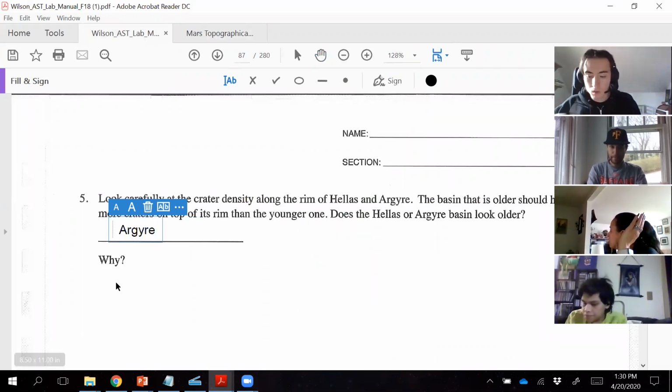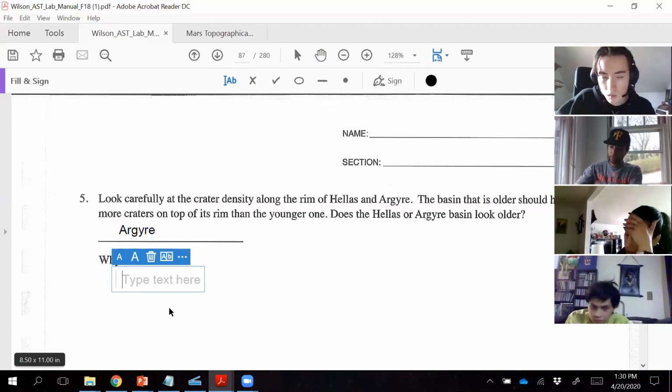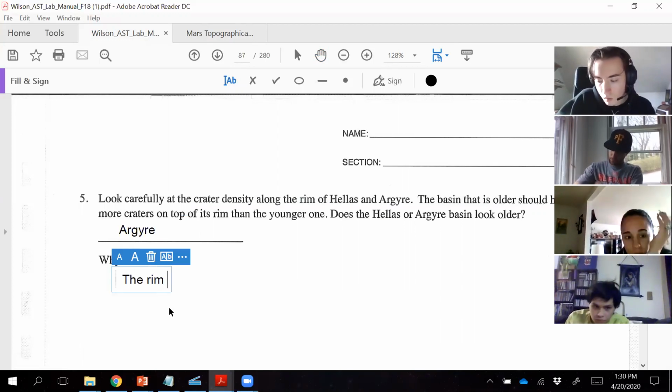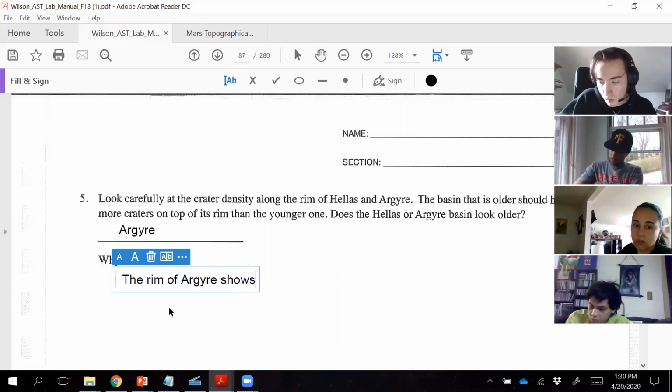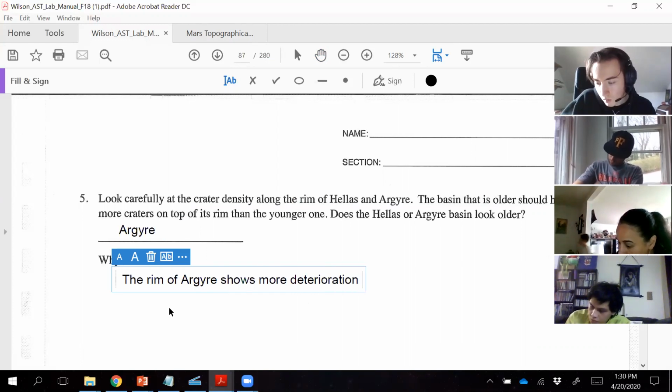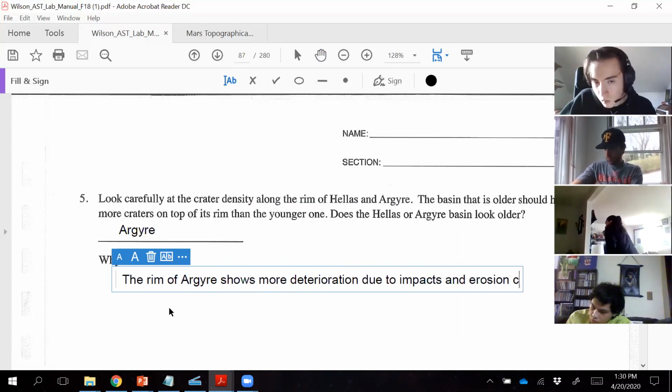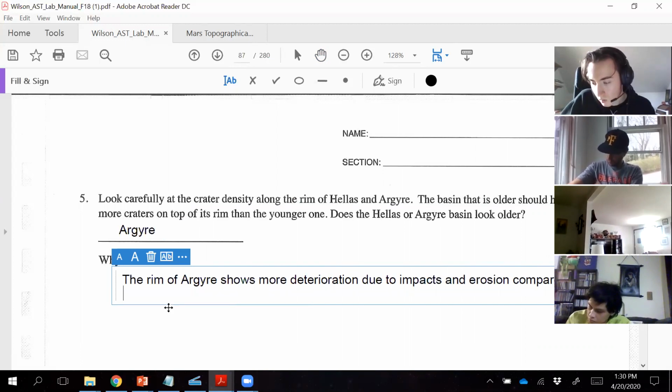For the why, we'll state the rim of Aguirre shows more deterioration due to impacts and erosion compared to Hellas.